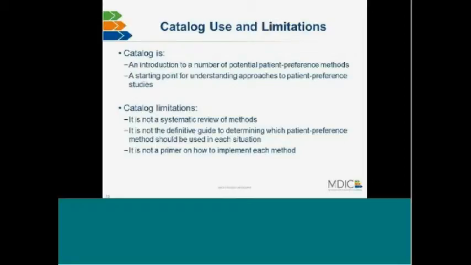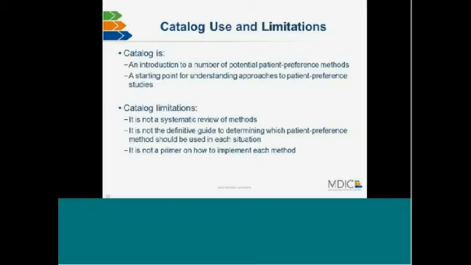So it provides an introduction. This is not a how-to guide. This is not an algorithmic approach to how you actually choose one, nor how you actually implement one, but it's meant to be an overview and an introduction. As I mentioned, it's not a systematic review. It's not a guide to determining which one is right in which situation. We provide some outline to that in terms of what different types of information you can get from each one of these, and in other parts of the framework, we talk about what types of information may be necessary, and then you have to build the pieces together.